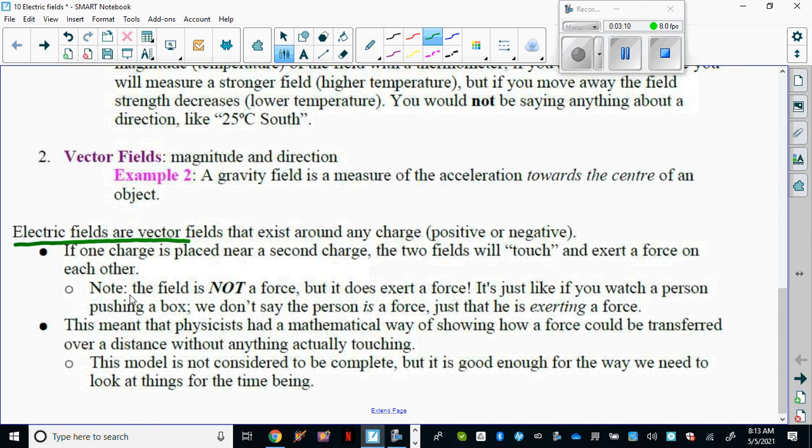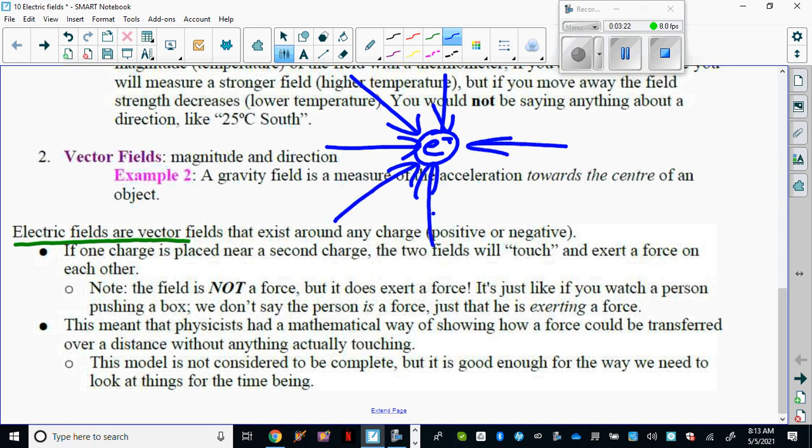What's that saying? It's saying basically if I have just a single electron here, it's going to create a field. The field is going to look like this, and you'll discover eventually why it looks like this. And there's an infinite amount of lines going in towards the electron. And then if I put a proton over here, those two particles are going to exert a force on one another, whereas the proton is going to be drawn towards the electron, or vice versa.